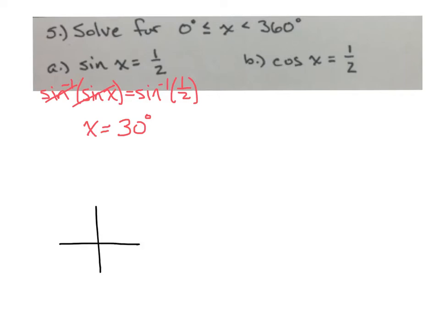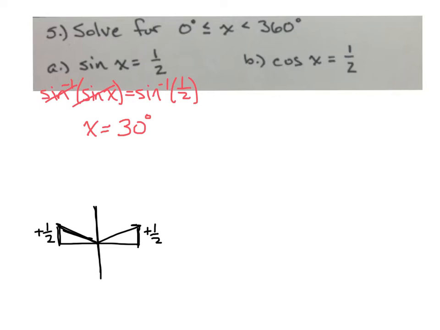So think about this 30-degree angle. The 30-degree angle is right here. And the thing about that 30-degree angle is that it gave us a sine, the y-coordinate here, that was positive 1/2. Now, which other quadrant would also give us a sine, a y-coordinate, that's positive 1/2? That's going to happen over in the second quadrant, because the y-coordinate here would be positive 1/2.